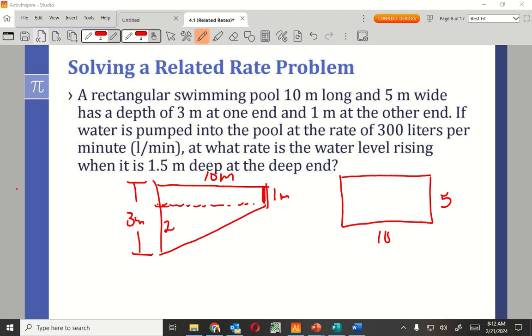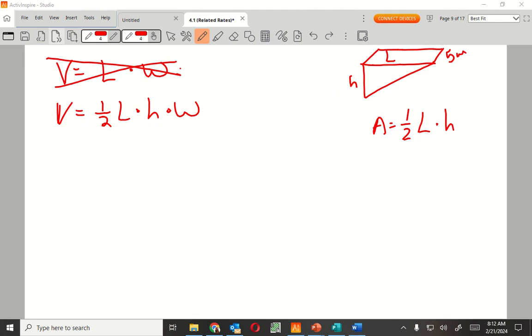So now I'm going to go back to this page. I know my height has to be 1.5 meters. So there's something I have to plug into my formula. My height is going to be 1.5 meters. What else did they give me? Did they give me a volume?